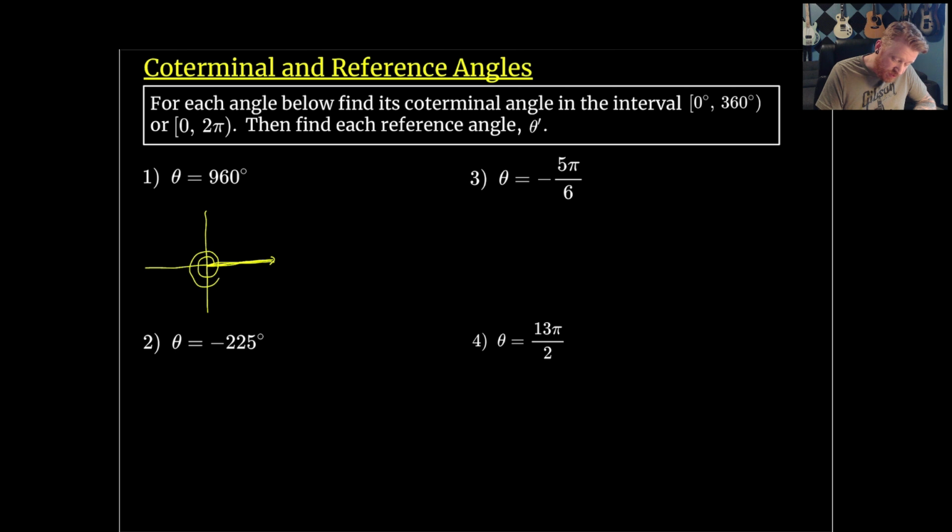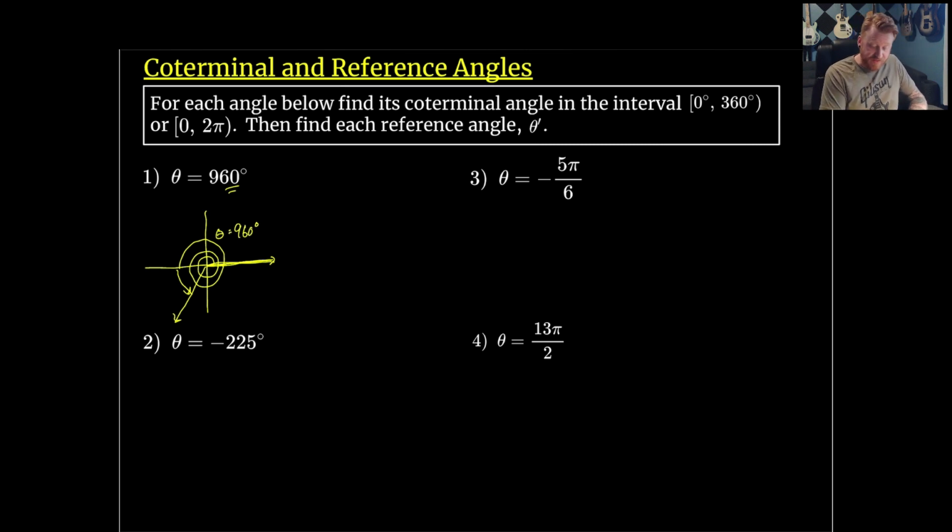If I make another revolution around, that's 720 degrees. If I go another 180, that's 900 degrees, and then I just need to go 60 more, which is another 2/3 of the way around. So somewhere around there, and then I'll draw my angle. So there it is. Here is the angle of 960 degrees.